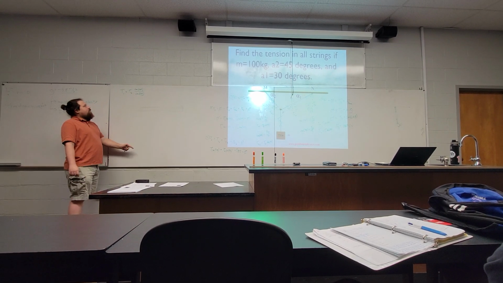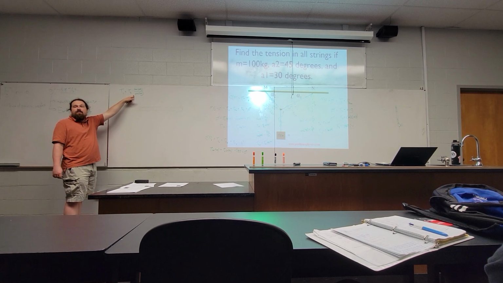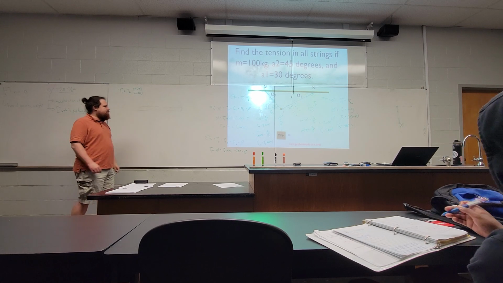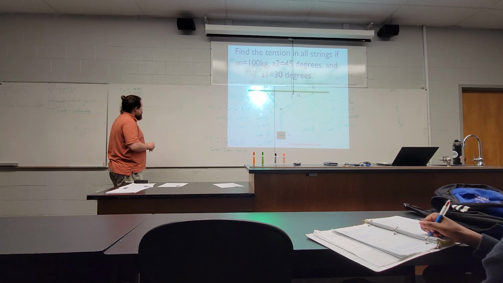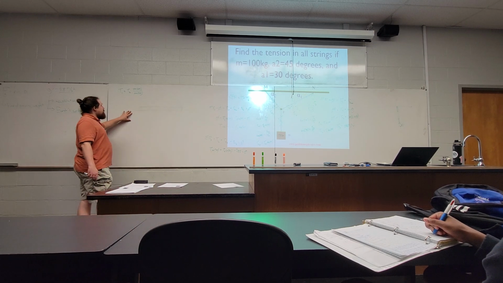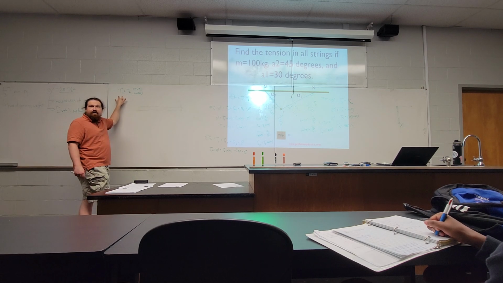And that means that wherever you see a T1, you can write this instead. And that includes in the other axis equation. So, I'm going to take that second equation and rewrite it, but using this instead of T1.